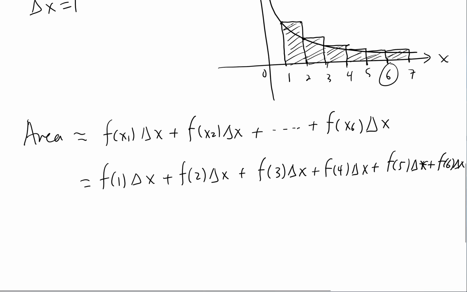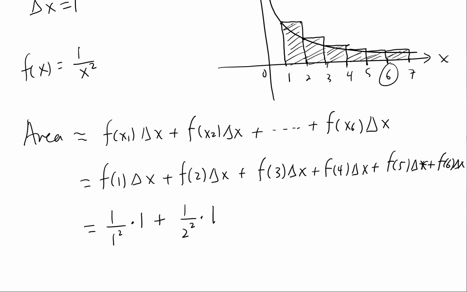So all we have to do, remember f of x, let me rewrite it, is 1 over x squared. So f of 1 would be 1 over 1 squared times 1, 1 over 2 squared times 1, 1 over 3 squared times 1, 1 over 4 squared times 1, 1 over 5 squared times 1, 1 over 6 squared times 1.